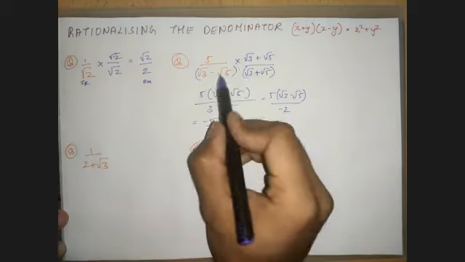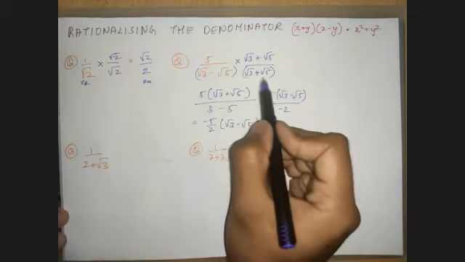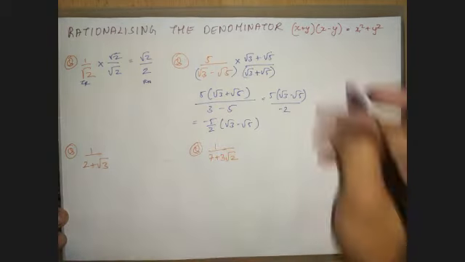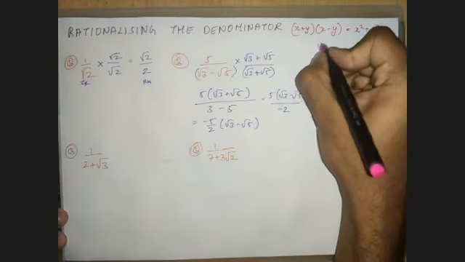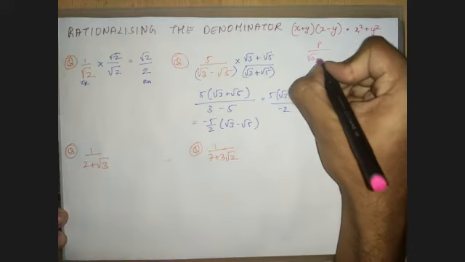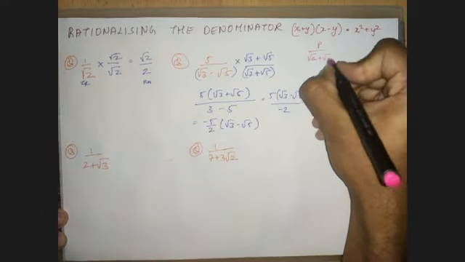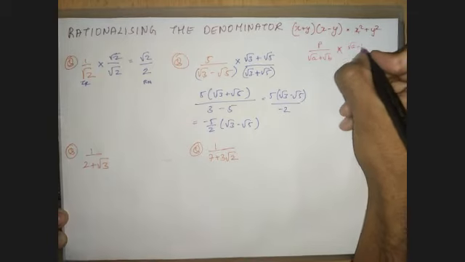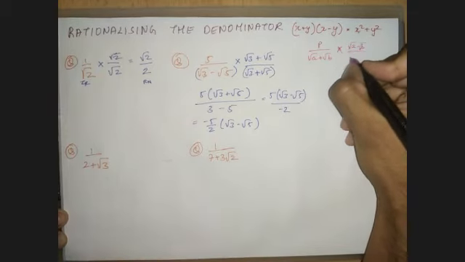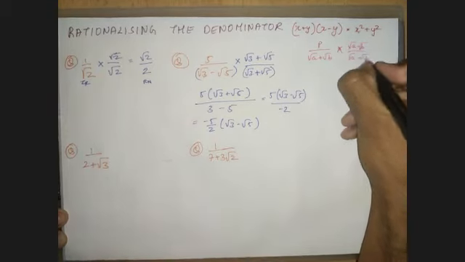So we might have confusions on what to multiply. So let us take some examples. If we have some number by root a plus root b, then we have to multiply it by root a minus root b divided by root a minus root b.